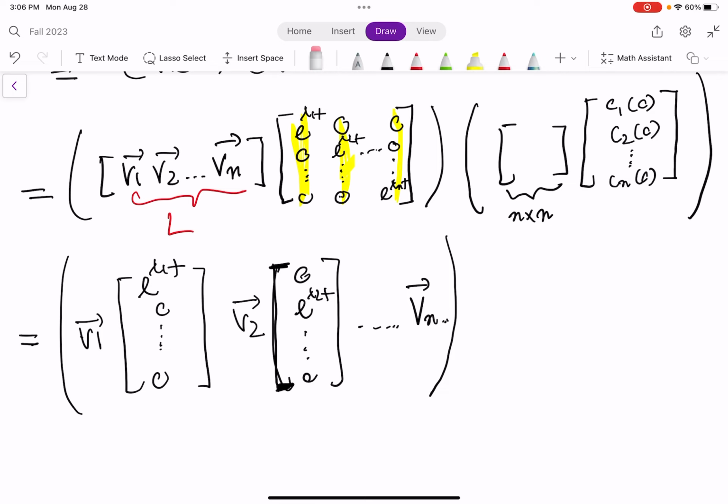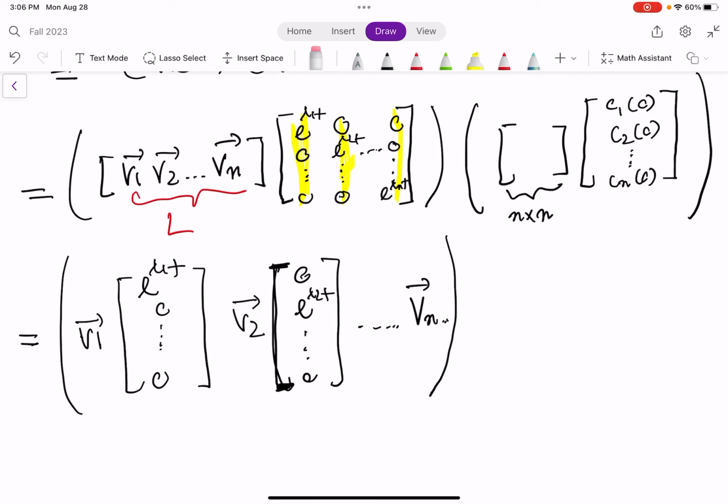There's something interesting you can observe here. C1 0, and C2 0, sorry, and Cn 0, all of this is a number, right? P to the power of -1 is also a constant because it doesn't have a t in it. So this is constant, and this is constant.